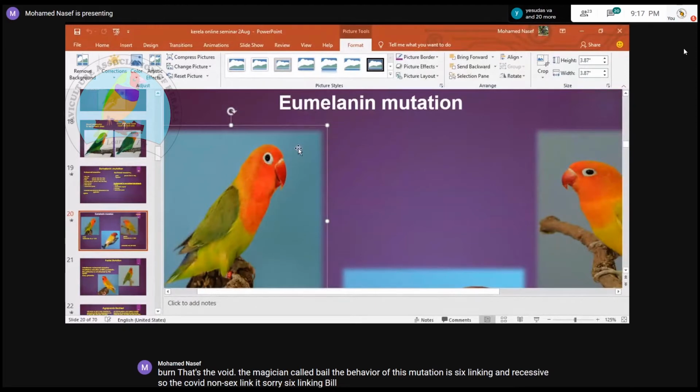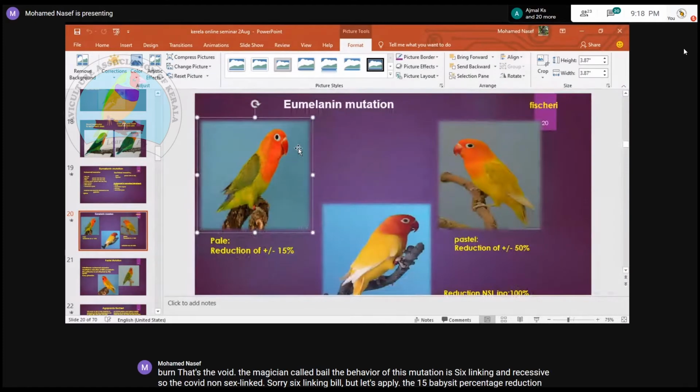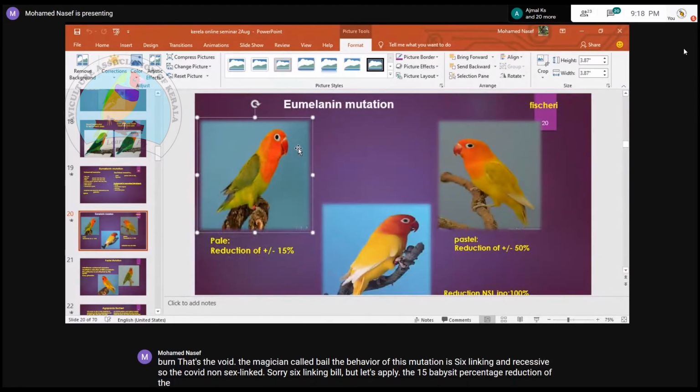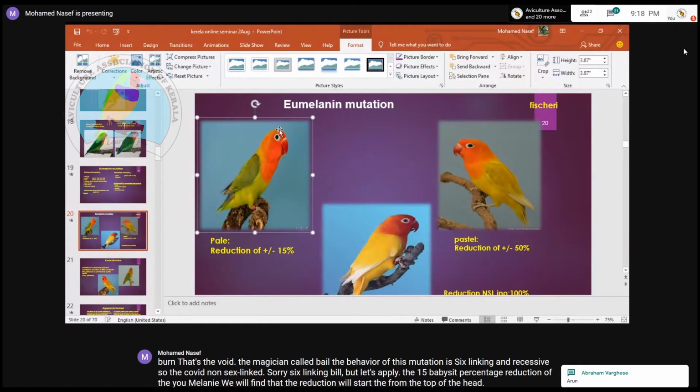But let's apply the 15% percentage reduction of the eumelanin. We will find that the reduction will start from the top of the head to every part of the bird.